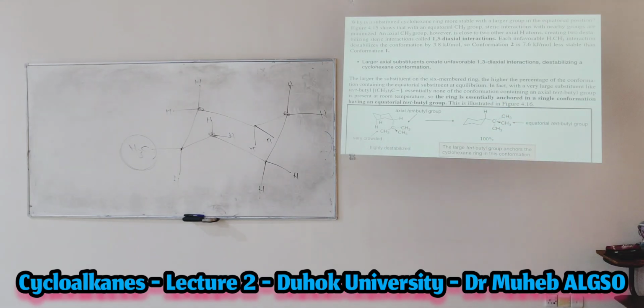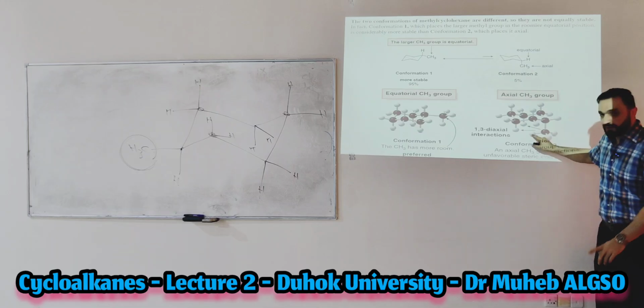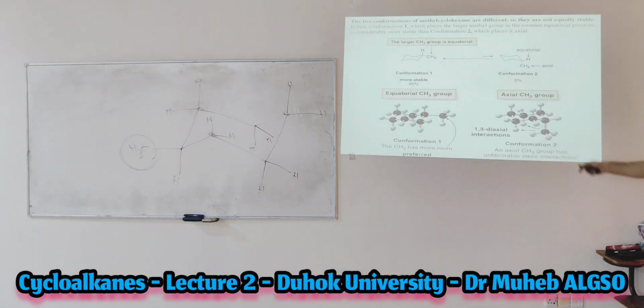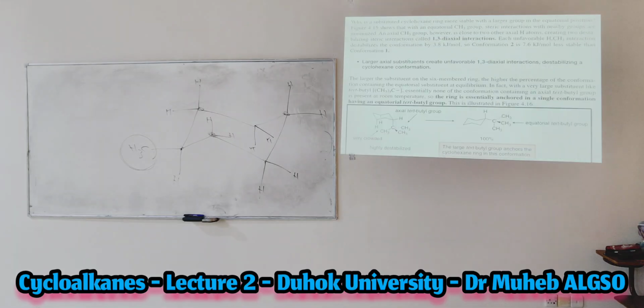If you change it with the big alkyl group, the steric interactions with nearby groups are minimized here. And the axial CH3 group, however, is close to the two other axial hydrogens, as I told you here. They are near each other here.